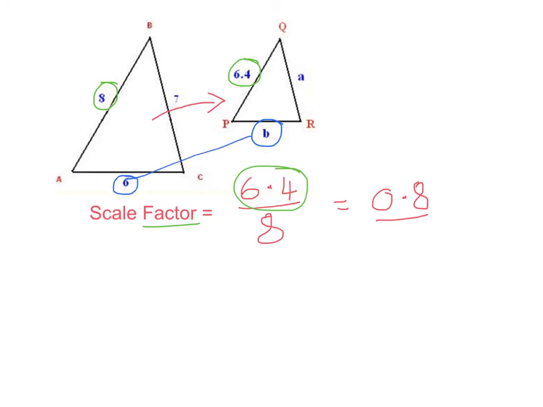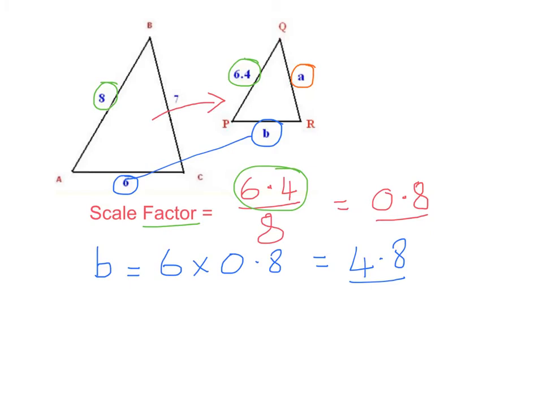So in order to find side B, all we need to do is 6 multiplied by 0.8. I should have really practiced my 8s before I did this. And the answer to that is 4.8. Now there's no units just now, so we're just going to leave it as 4.8. Now we're going to look at side A.